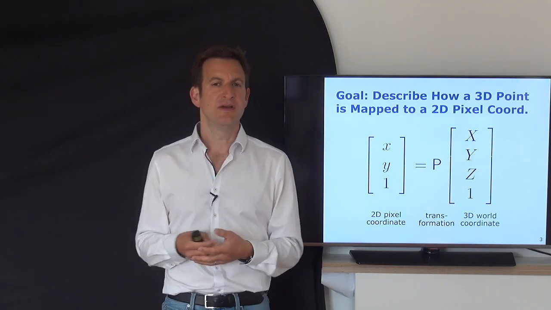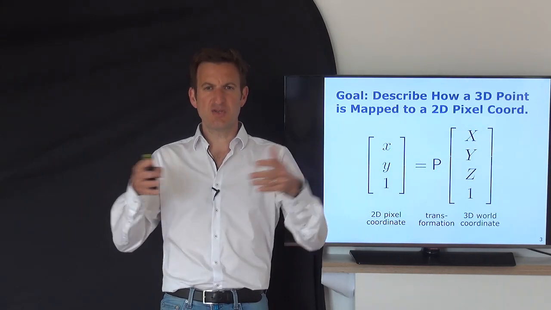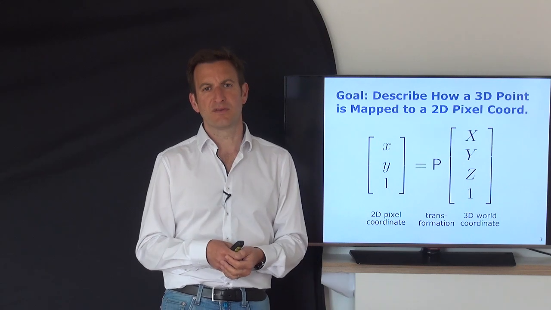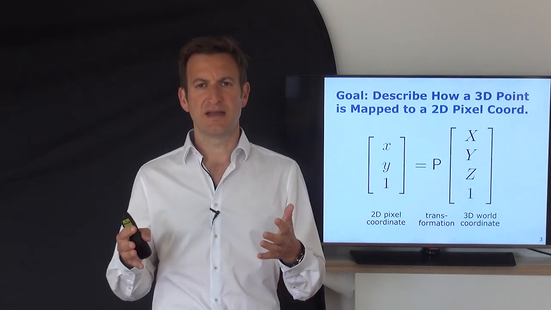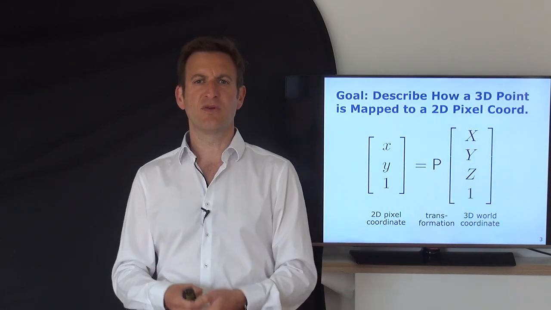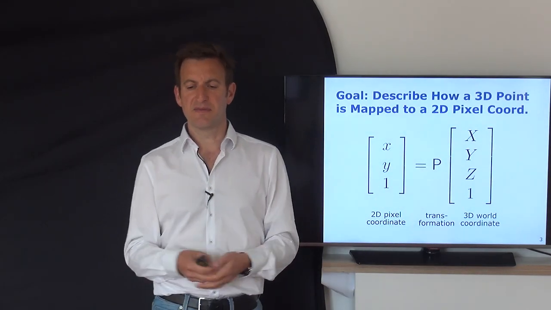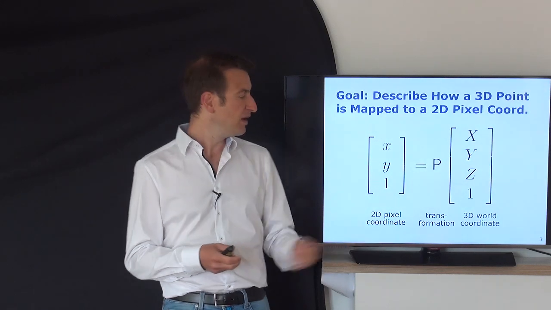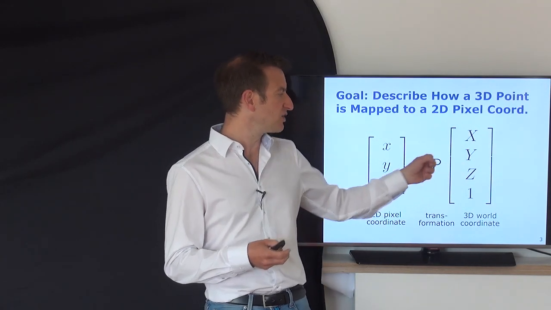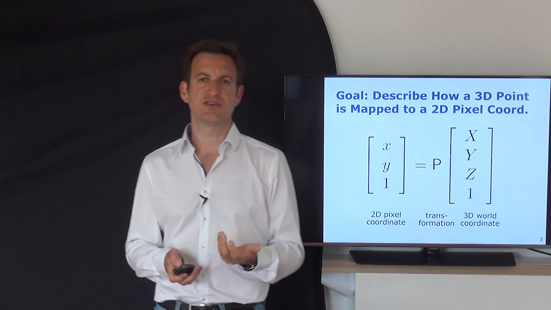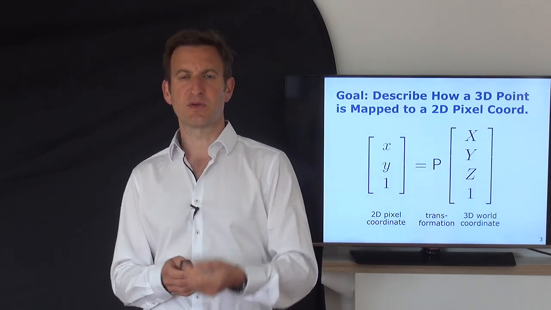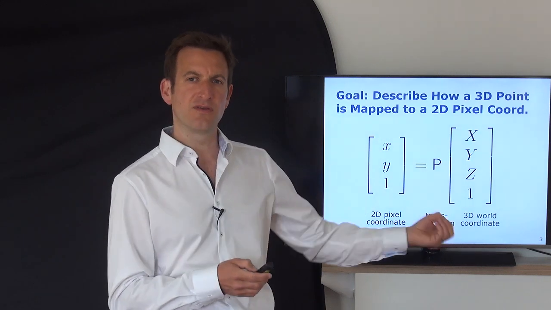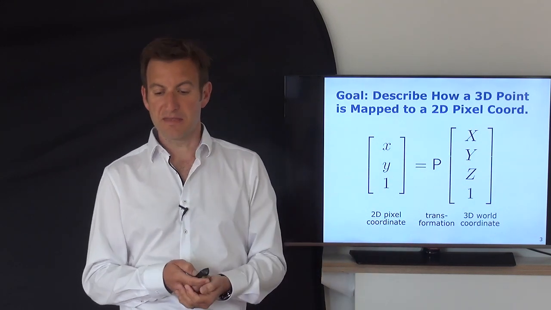Then we have a coordinate system related to the image itself, and a coordinate system related to the sensor that actually generates my image. We may have even more coordinate systems involved, but in the basic form, these are four coordinate systems. So this transformation consists of a sequence of transformations performing this mapping through this chain of coordinate systems, so that we end up from the world coordinate system finally on the pixel.